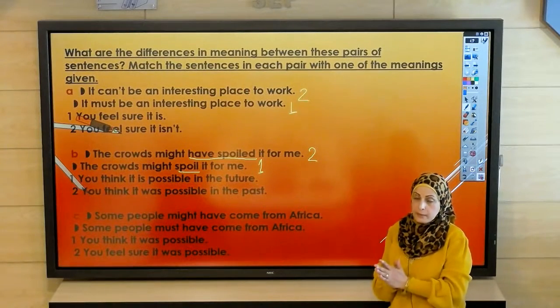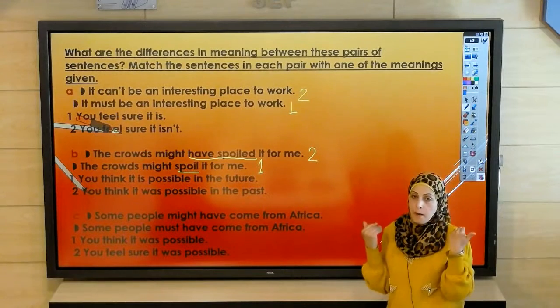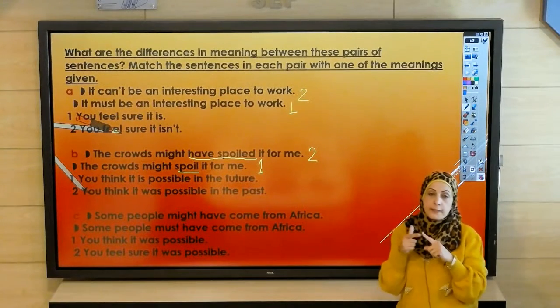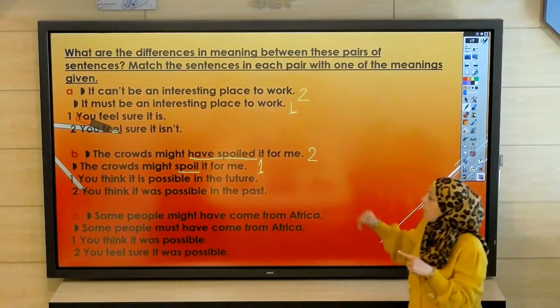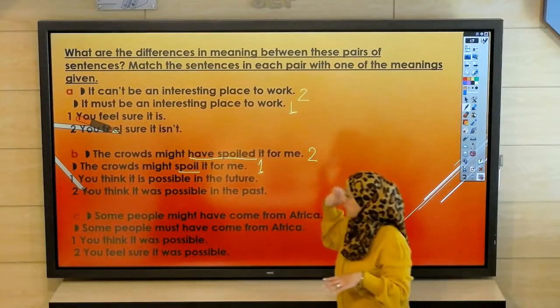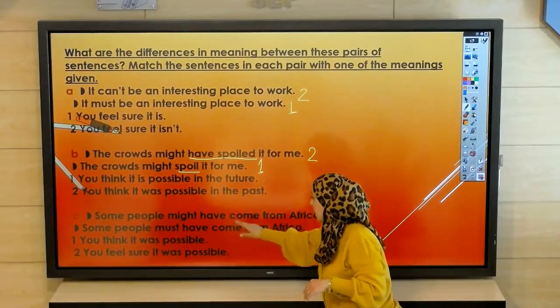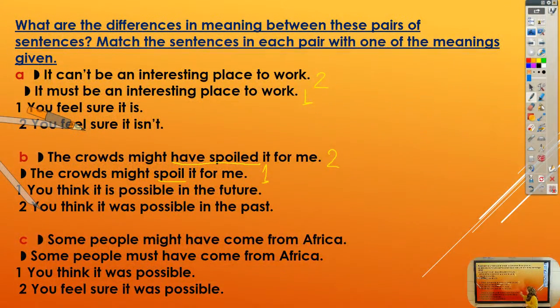So I repeat. If our sentences are in the past, so after must, after can't, after might, we have the past participle. Now see, some people might have come from Africa. Some people must have come from Africa.